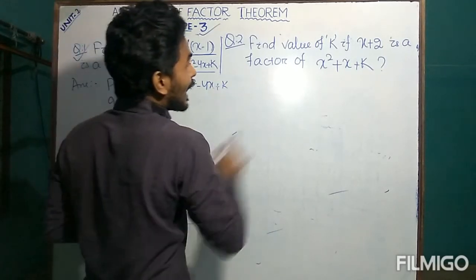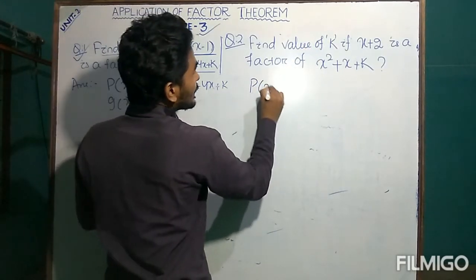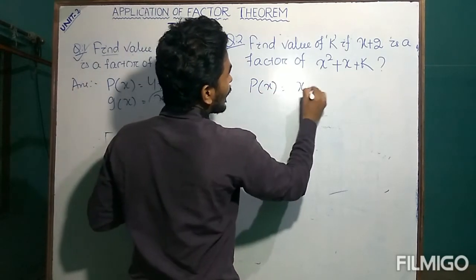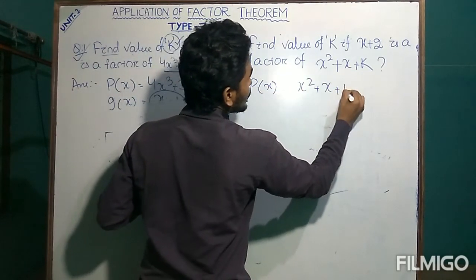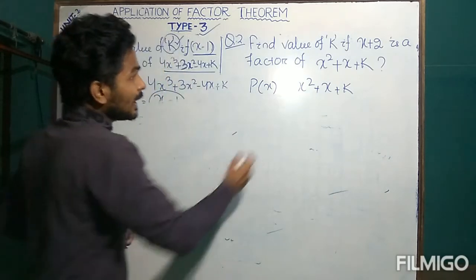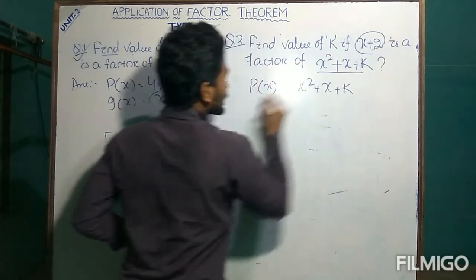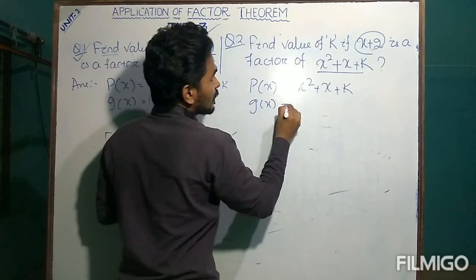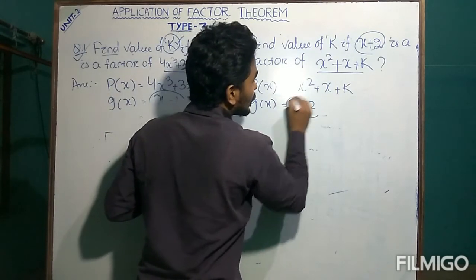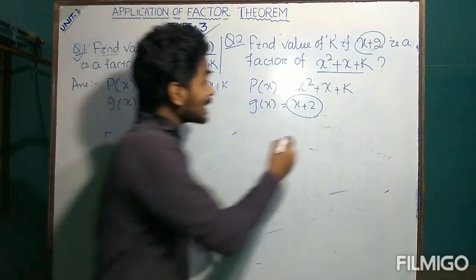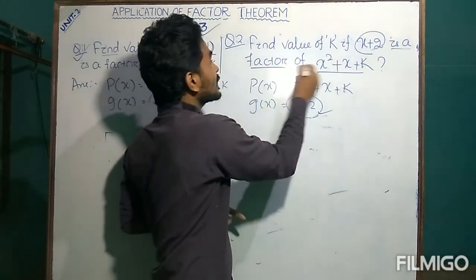Now coming to the second question of this type. In the second question, we have P of x is equal to x square plus x plus k, and g of x is equal to x plus 2. And it is given that x plus 2 is a factor of this.